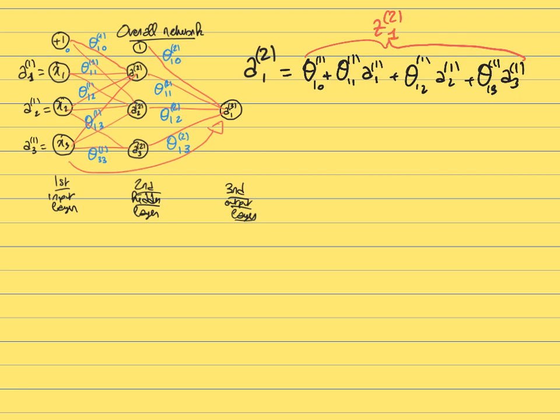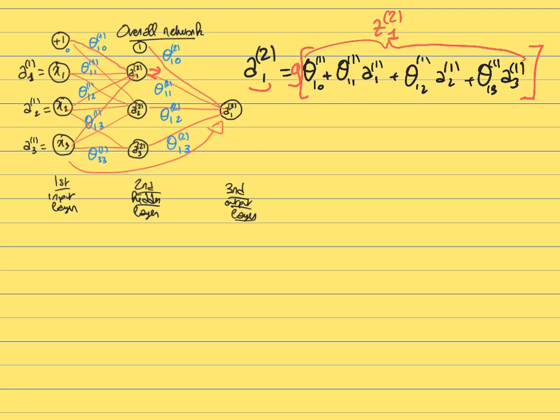This is going to be z1 in the second layer, the z for the first neuron in the second layer, and then this z value is going to be fed into the activation function. The activation function will take as input the variable z, and this is what generates the output of the first neuron of the second layer.